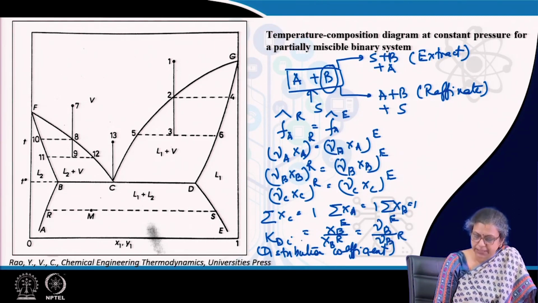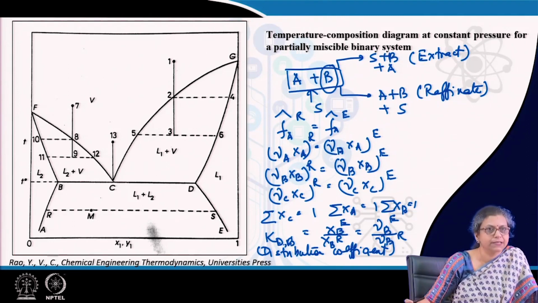Once you can find out Kd for the component B, you can also find out alpha, and you can find out the expression of alpha.